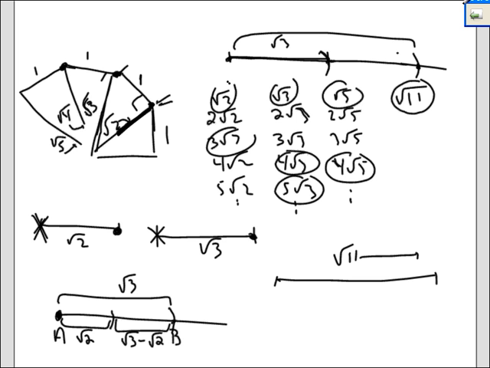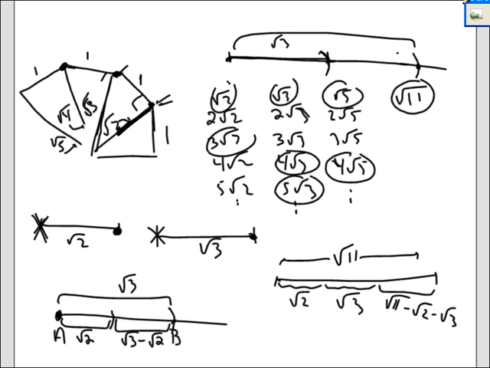That's square root of 11. This part is square root of 2. This part is square root of 3. The balance is the square root of 11 minus the square root of 2 minus the square root of 3. I can draw these combinations, which is unbelievable.